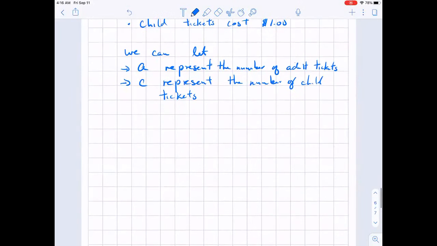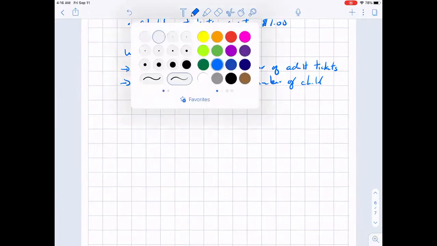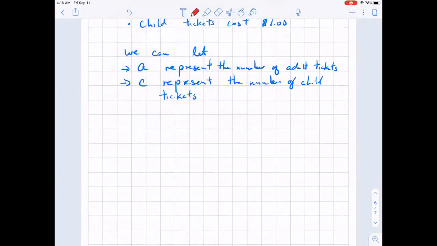Okay. Now we don't know how many of each type of tickets were sold, but we know that the number of adult tickets, which is A, plus the number of children tickets, that was equal to 850 tickets.